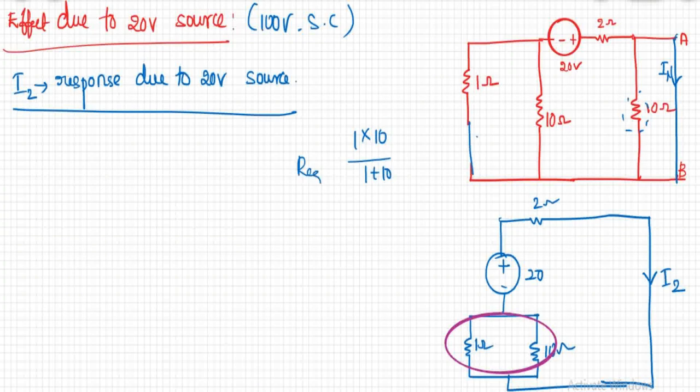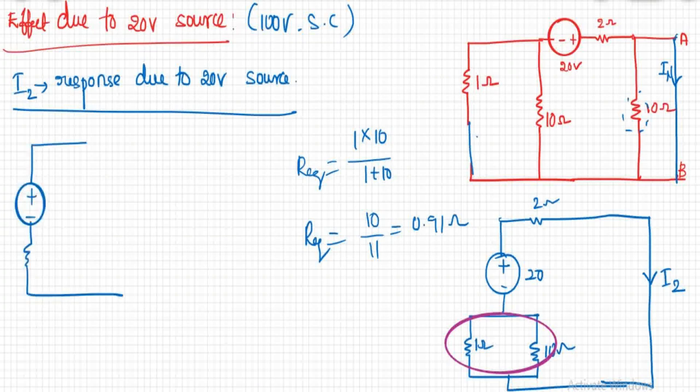R equivalent is equal to 10 by 11, which is equal to 0.91 ohm. If you substitute that resistance, the circuit will become like this: 0.91 ohm, a series resistance of 2 ohm, and here you have a short circuit where you need to find I2.